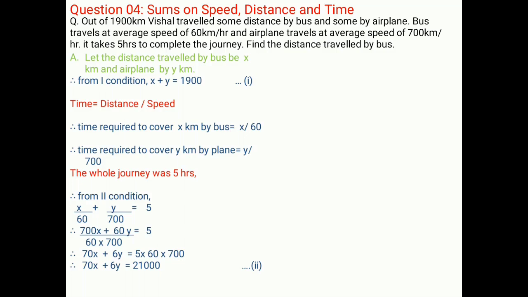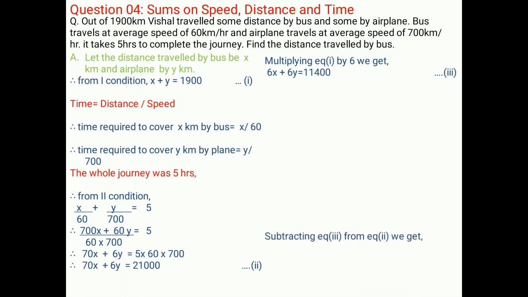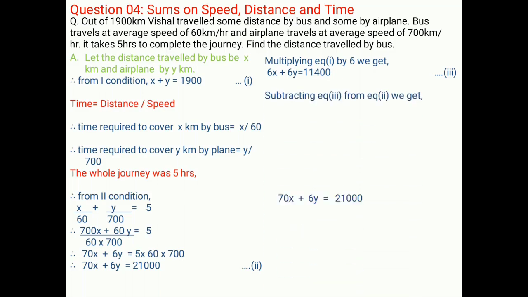Now multiplying equation 1 by 6, because I am equating the coefficients of y, I get 6x plus 6y is equal to 11,400, which is equation number 3. Subtracting equation 3 from equation 2, we get 70x plus 6y is equal to 21,000 minus 6x plus 6y is equal to 11,400.